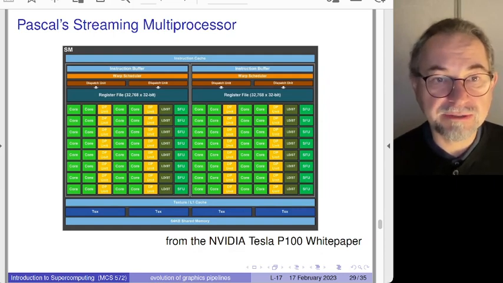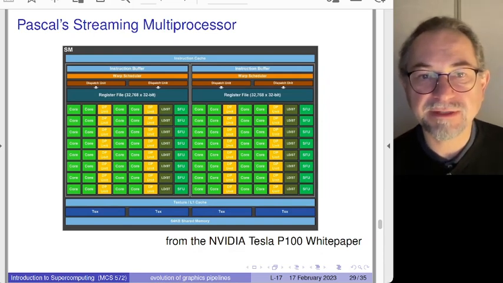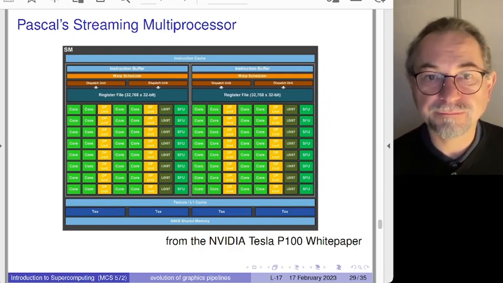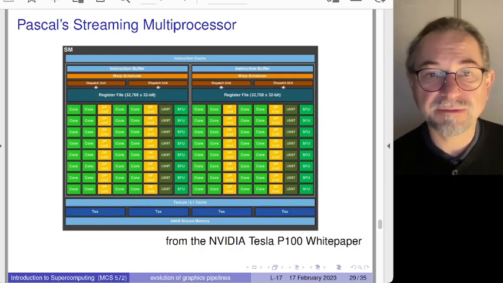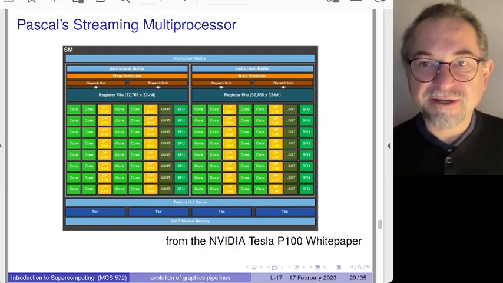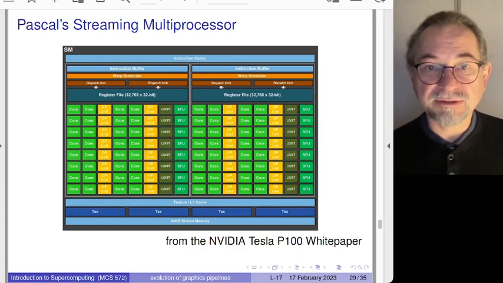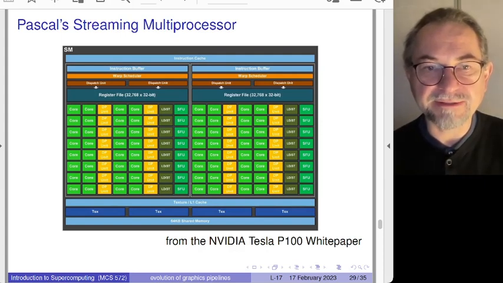In total, there are 16 plus 16, that's 32 at the left, and then at the right you also have 32. You also see the registers that can be used. Later when we do some programming, it's important that as a programmer you use registers. Certainly this is fast memory, but don't use too many because that will prevent the scheduling of the instructions. We will get back to that later.